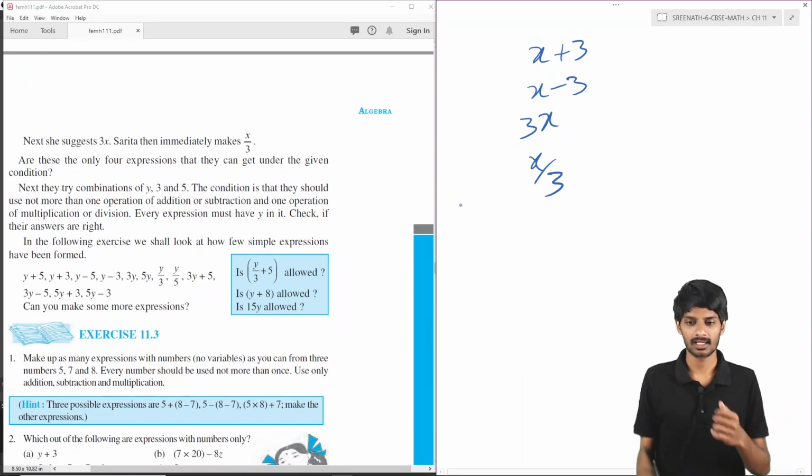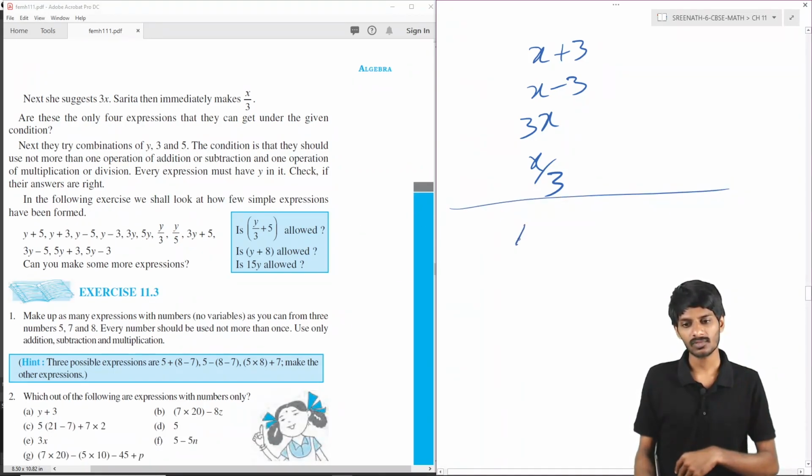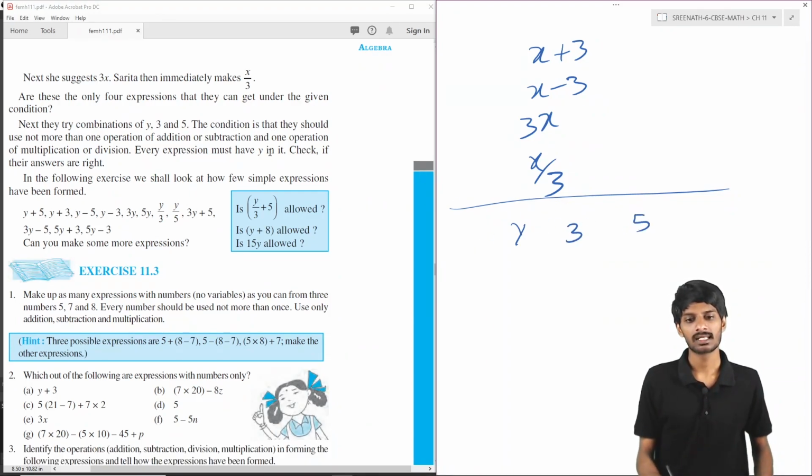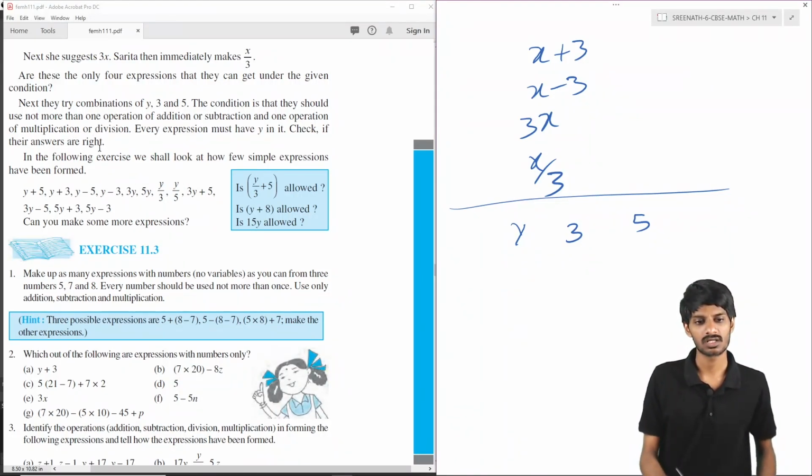Now there is another game. There is a combination of y, 3, 5. You can use y, you can use 3, you can use 5. And the condition is, students, not more than one operation of addition or subtraction and one operation of multiplication or division.